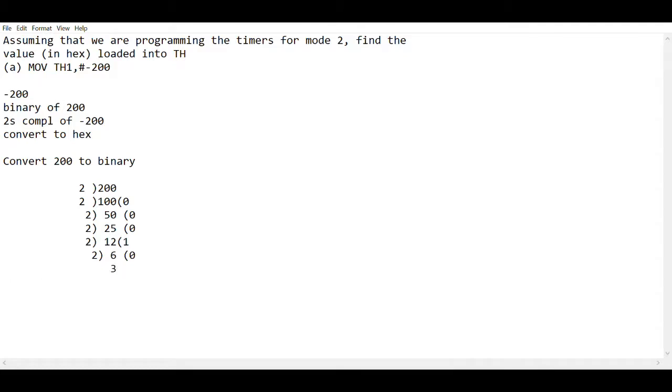And the remainder will be 0. Again 3 is divided by 2. So that will be 1 and a remainder will be 1.